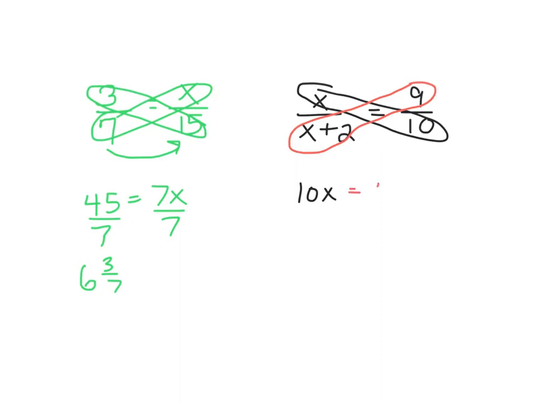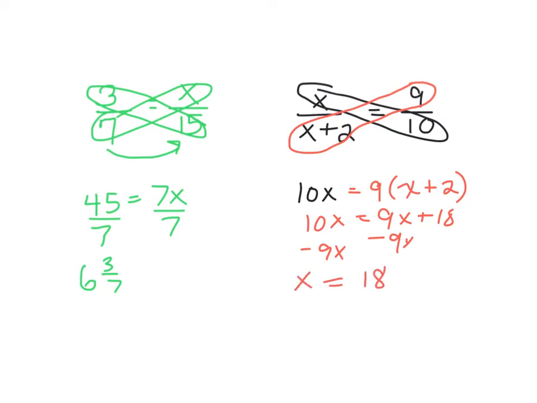So that would equal 9 times the quantity x plus 2. And then we would distribute: 10x equals 9x plus 18. And we can solve, minus 9x, minus 9x. x would equal 18. Okay, so there are reasons to have that method. Sometimes we can eyeball proportions, sometimes we can't. And at this point, you guys use whatever you need to get to that point.